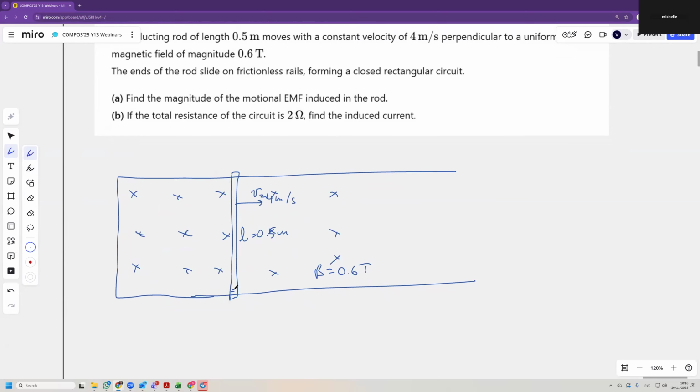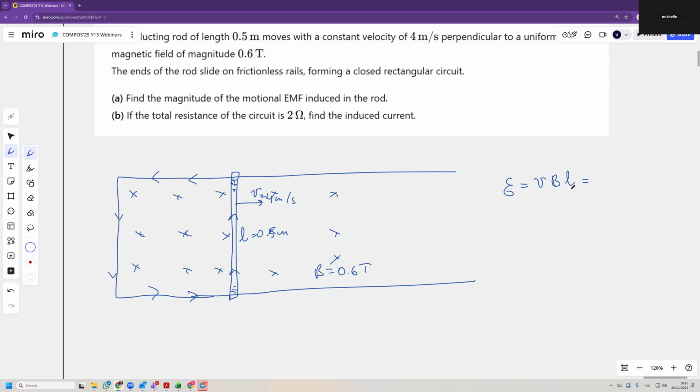Also the negative charge will gather on the bottom, as we already know, and positive charge will gather at the top. Therefore, you would have an EMF in the upwards direction, so you would have a current flowing through the wire in an anticlockwise direction. And the EMF we already know is VBL. Find the magnitude of the motional EMF.